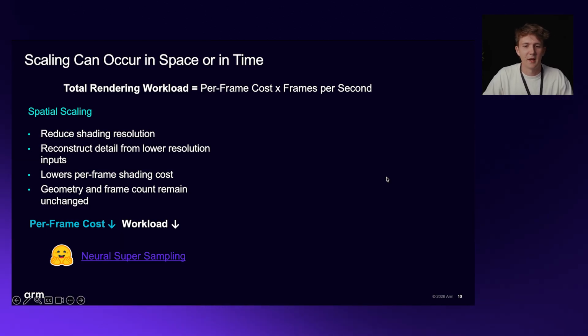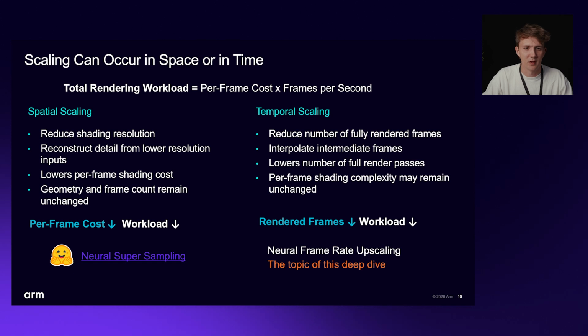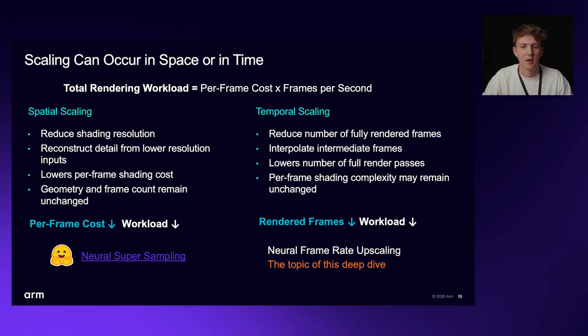Temporal scaling, on the other hand, we actually just reduce the number of fully rendered frames and we generate these intermediate frames at a lower cost. So the complexity of each individually rendered frame can stay the same. The total workload for the target frame rate will decrease versus rendering every single frame natively. And this will be the topic of today's deep dive.